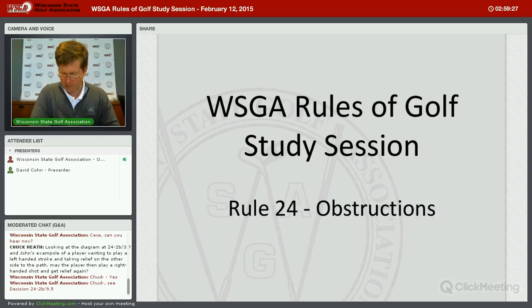Exceptions: the player may not take relief if the ball is embedded in sand in an area that is not closely mown. So let's go through some examples of that. Let's say a player is playing a course that is naturally sandy, like down in the Pinehurst area or a coast course by the sea.